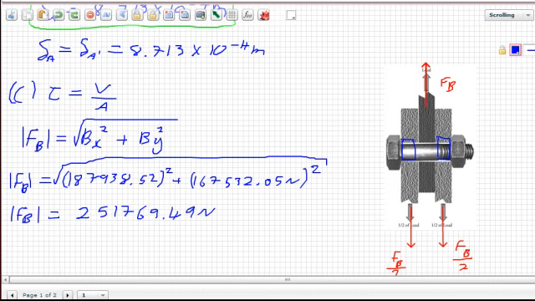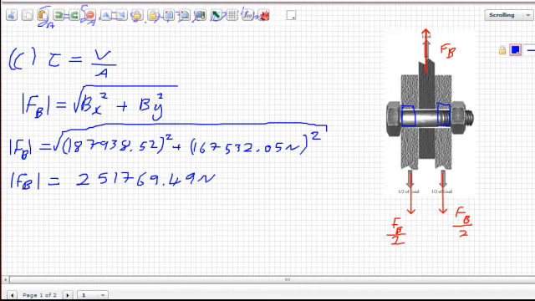Now that we figured out what Fb is, all we have to do is divide it by 2, because we actually want to find out what the shear force for one side is. So we just need half of the force Fb. So once again, using the shear stress equation, tau is equal to Fb divided by 2 divided by the cross-sectional area.